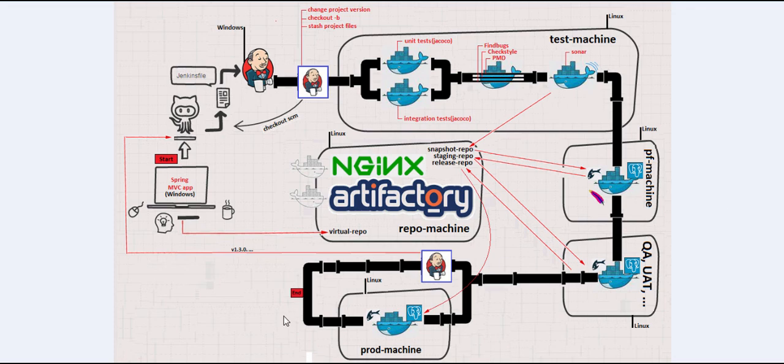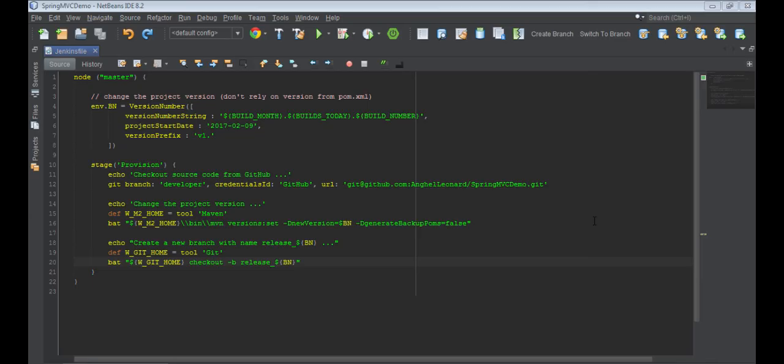Okay, let's see how we will do this. Basically, the code that we need is this one. So we are using the stash command, and we said that we want to include the entire source code, and we provide a name. This is basically the stash identifier. We will use this name when we want to unstash these files.